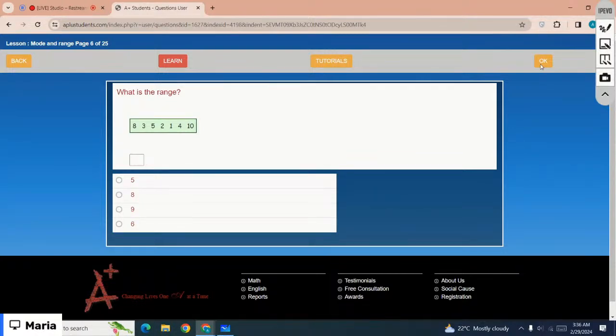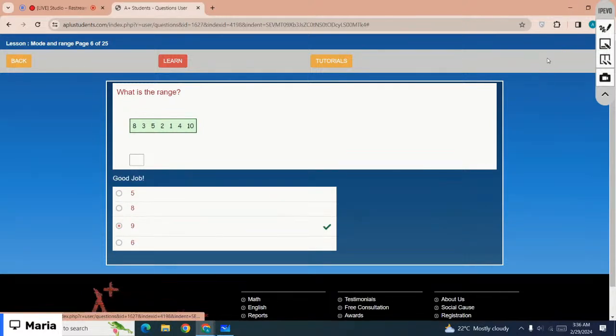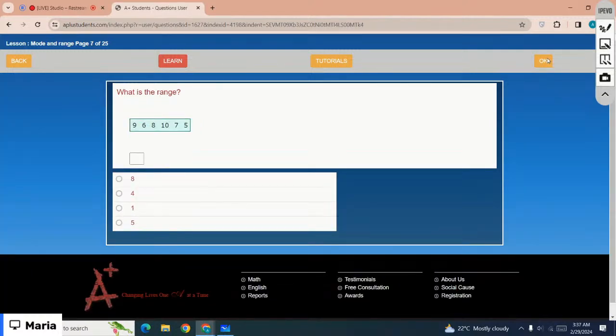The correct option is 9. What is the range? Which is the correct option? That is 10 minus 5. So the correct option is 5. The range is 5.